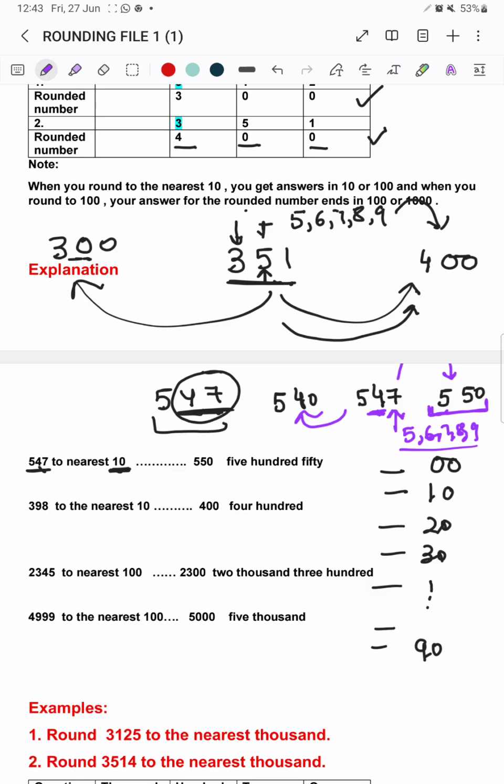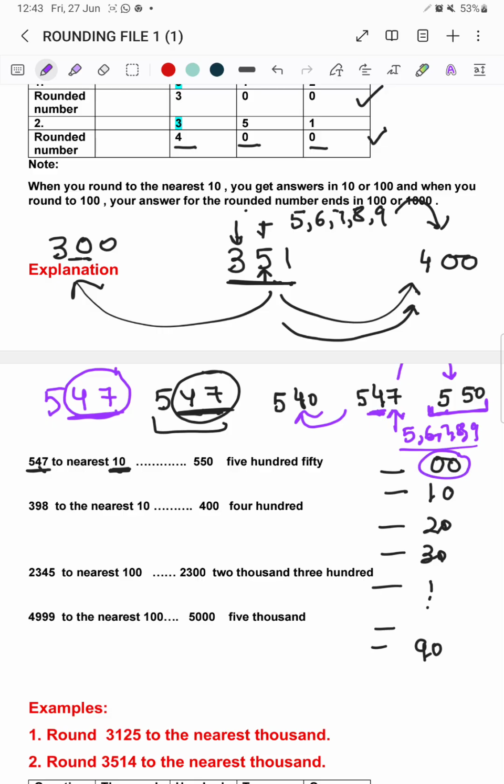Now the most important thing is, though our number was 547, because we were rounding it to tens, our answer should be 500, or in certain cases it can be 600, and then it will be 10, 20, 30, 40, 60, 70 like that, or even it can be 00.